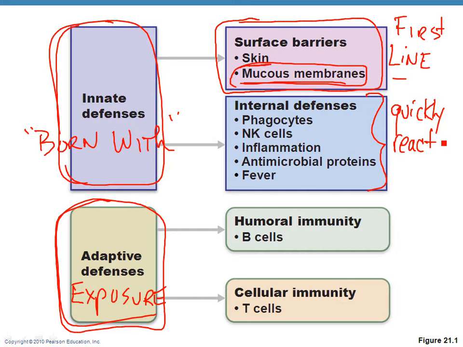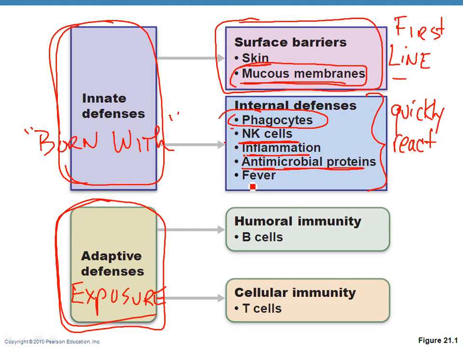So when that happens, and it does very frequently, we do have a nice army that's ready to try to combat them, and that includes some cells that we refer to as phagocytes, phagocytic cells. We've talked about that already a little bit earlier in your white blood cell lecture. NK cells, you'll hear about those in micro. And then you have some processes.